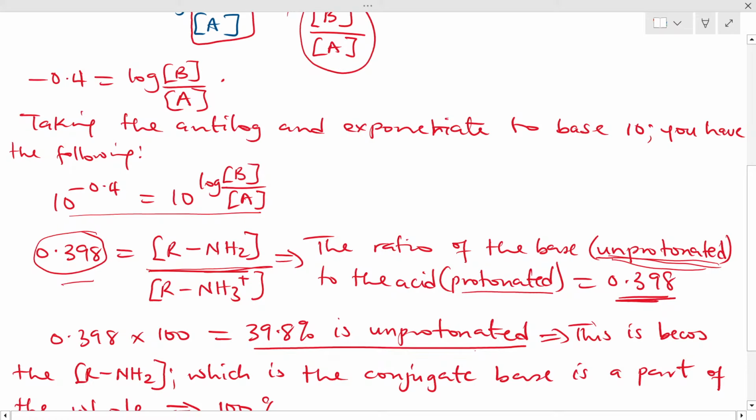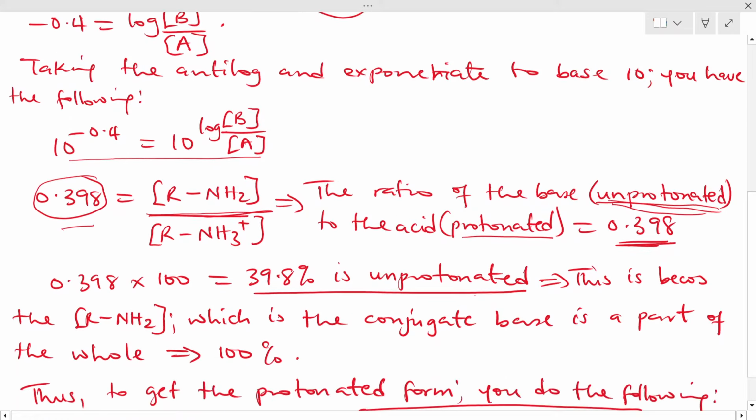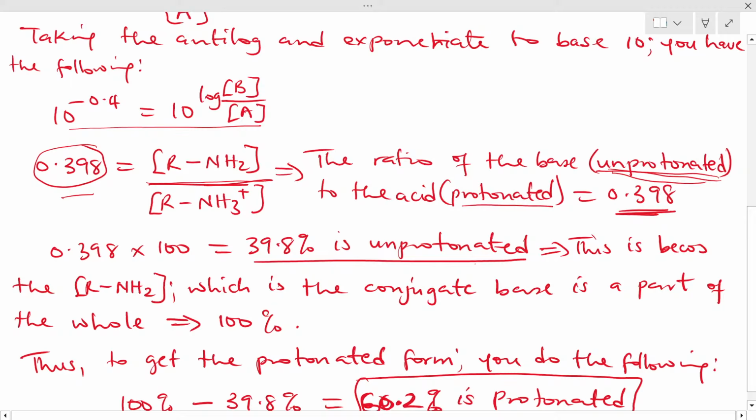Unprotonated. Now because we have the unprotonated, we can now easily solve for the protonated.